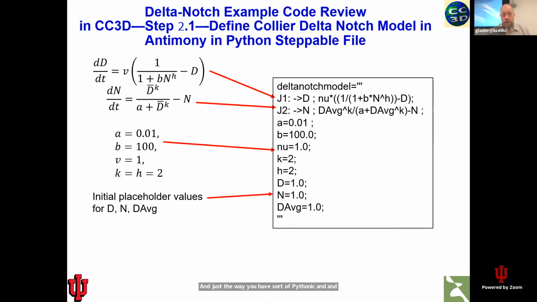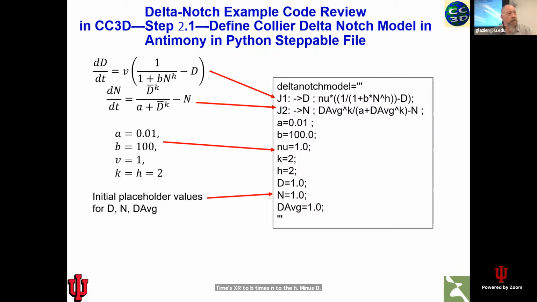There's an Antimony approach to coding and an ODE approach to coding. I don't know whether people care about style in mathematics, but you do notice it when you do it a lot. So d by dt, we write nothing goes to d. Nu times 1 over 1 plus b to the n times, to b times n to the h, minus d.